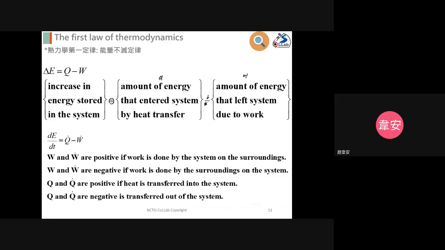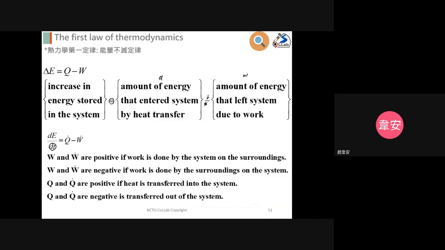So we have the work. If you have the energy stored in the system delta E divided by a certain time interval, the unit will change to per hour. So use the Q rate and the minus W rate here. So there are four sentences that summarize the properties here.